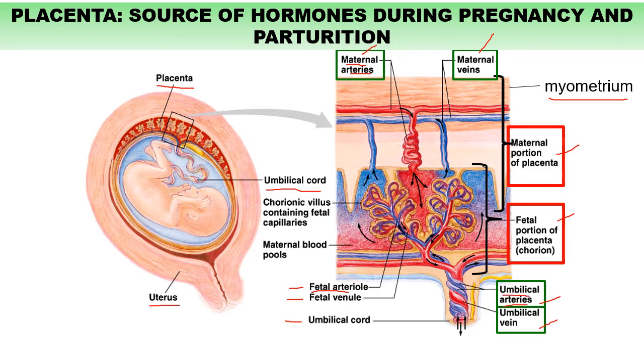Waste products and deoxygenated blood from the fetus are then carried through umbilical vein, and then to the fetal venule, and then back to the mother through maternal veins.